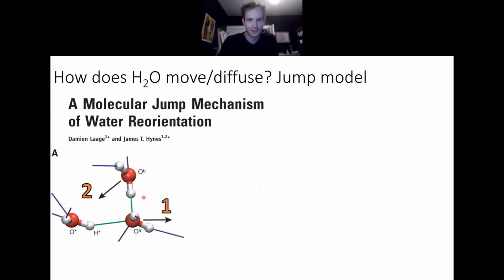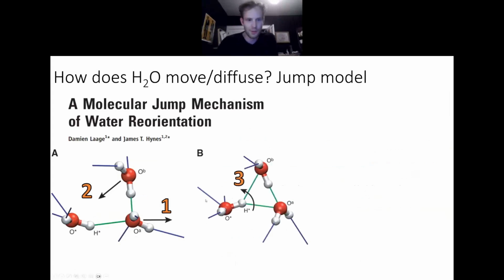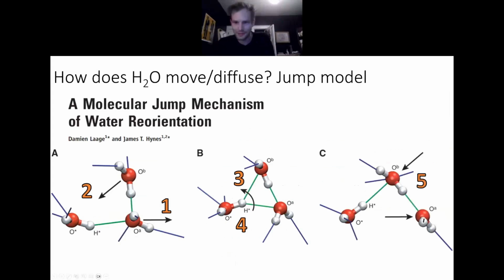So this water molecule will rotate up to make a hydrogen bond with the OB, which then should allow for the release of this hydrogen bond that's holding OA back, so it can translate or diffuse to the right. And this is the system that they pose. And this is interesting because it requires these water molecules to have very large rotations in order to allow diffusion to occur.